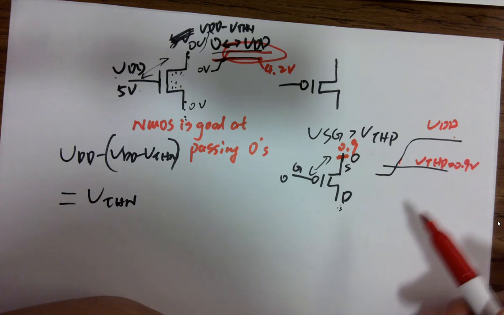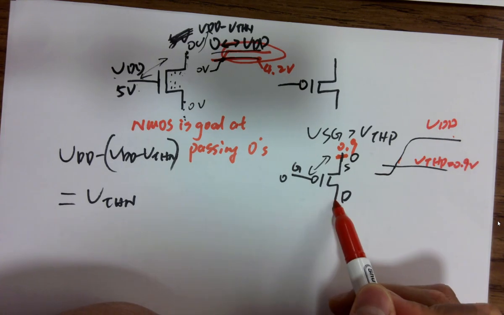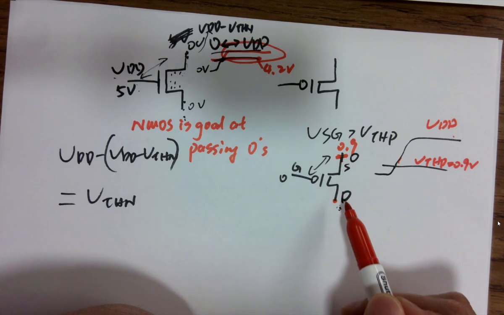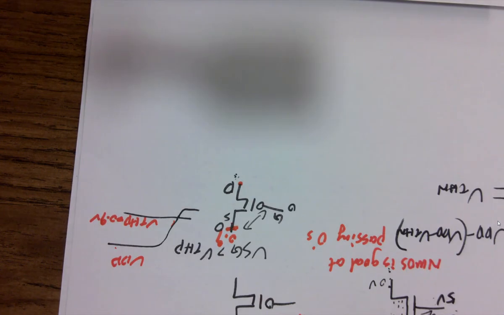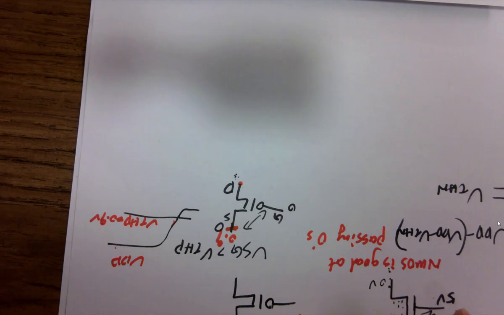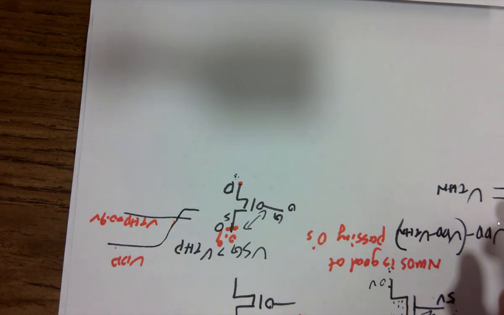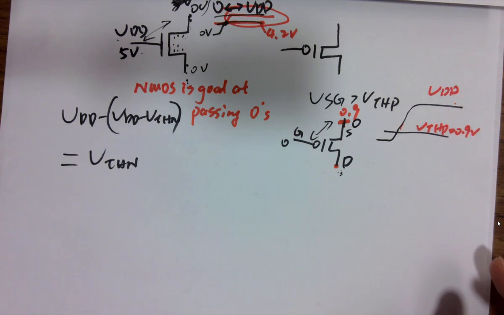You are saying, why is this not the source? What about this? I treat this as a source. I'm passing the signal from here to here. What's the difference? The difference is just flipping the paper. Same stuff. You are only looking at the difference from the gate to the other terminal. Doesn't matter which is S, which is D. Eventually you are passing a signal from one side to the other side.